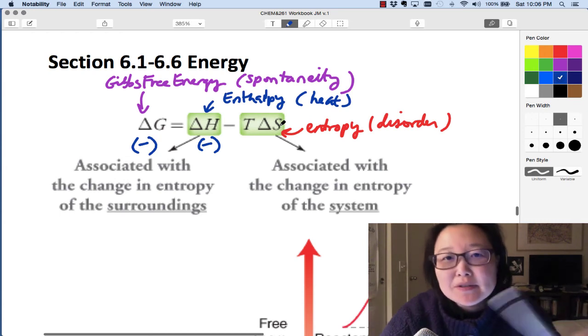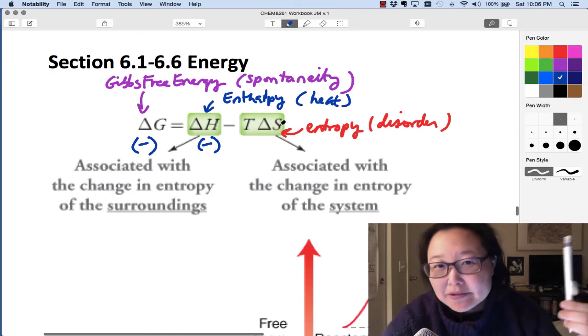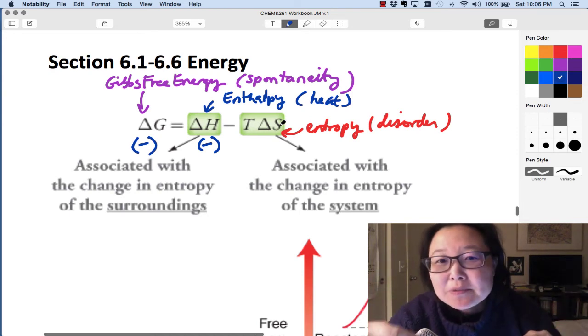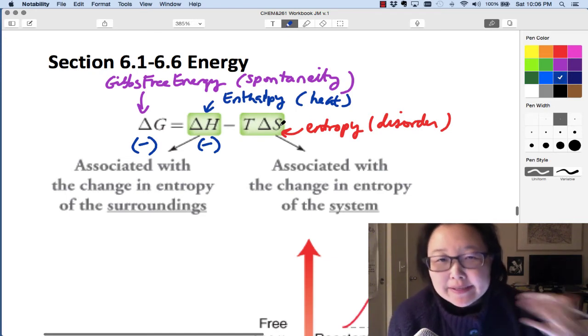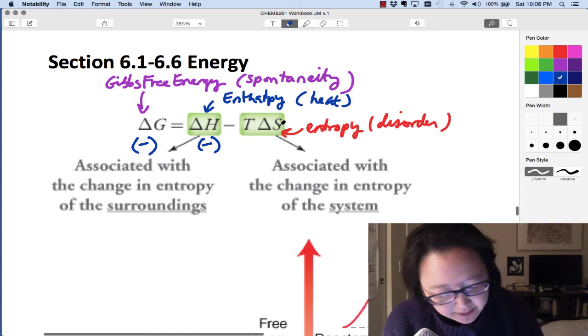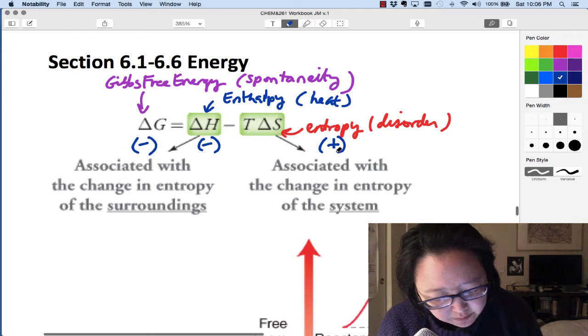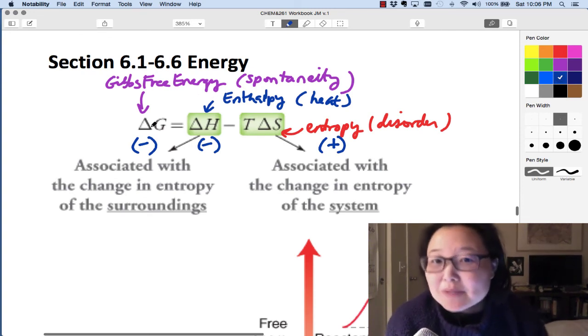You can do more distribution of energy when you have more particles, for example. So entropy tends to be positive when you increase the number of ways energy can be distributed, or when you have more disorder. So you tend to want to go toward a positive delta S in order to have a negative term which contributes to a negative delta G, which is then more spontaneous.